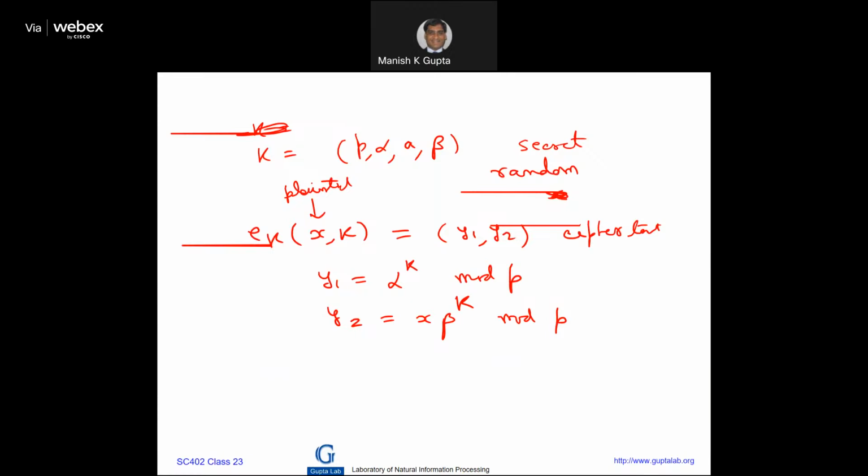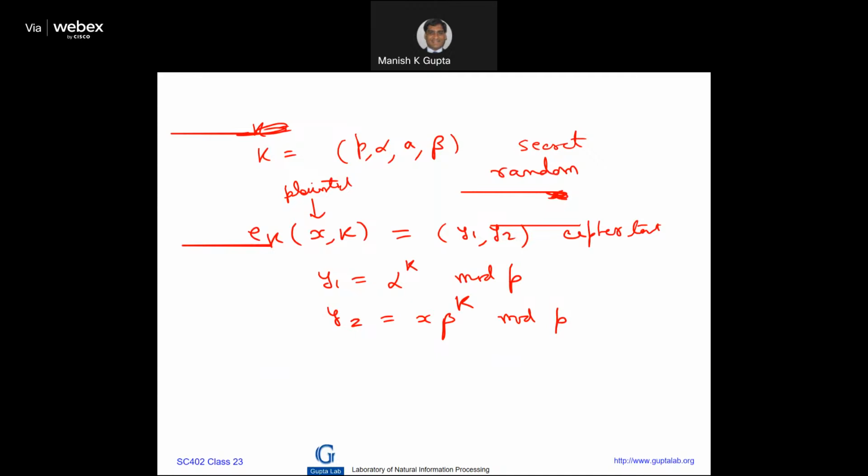So in this crypto system, we know that p, alpha, and beta are the public key, and a is the private key. Encryption takes some plain text x and a random k, and gives the pair y1, y2. That's why the cipher text space is Z_P star cross Z_P star. So y1 is alpha raised to power k mod p, and y2 is x times beta raised to power k mod p. This is the encryption rule.